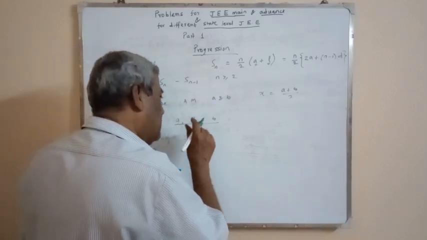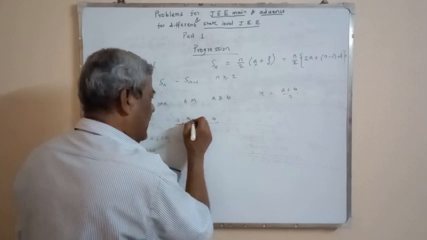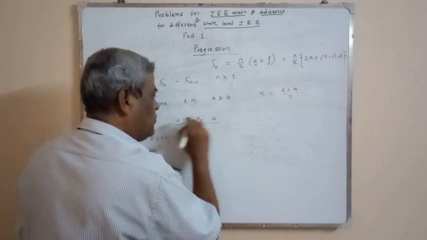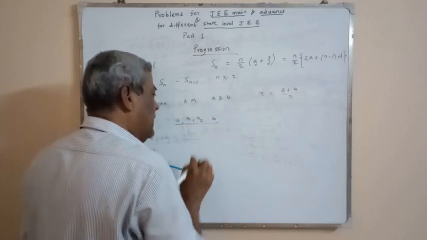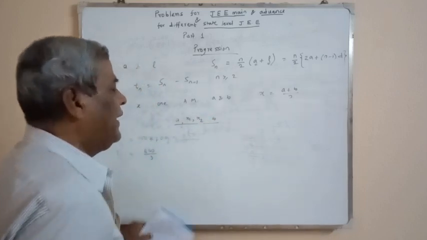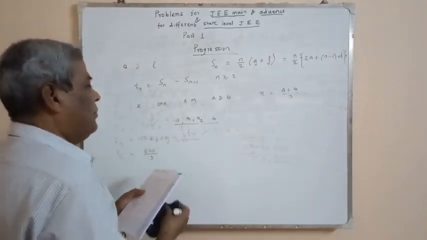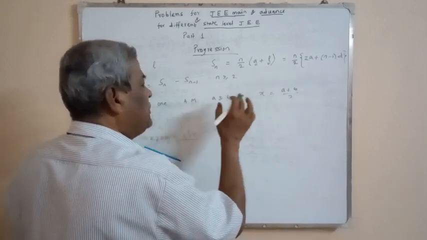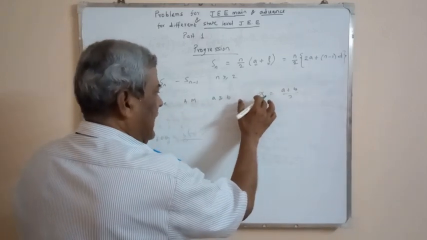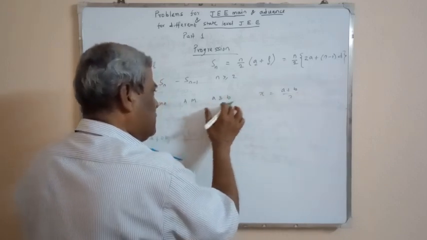If more than one is introduced, say x1, x2 and so on, then a, x1, x2, b will form an AP. This is the meaning of arithmetic mean. So if one is introduced between a and b, then that mean is a plus b by 2, the mean of these two.